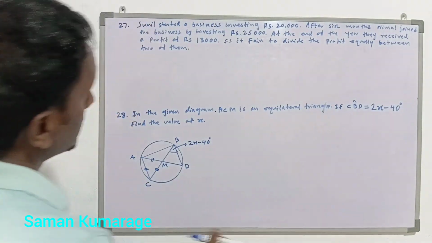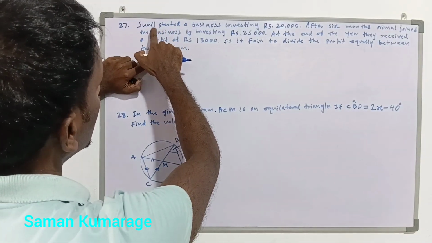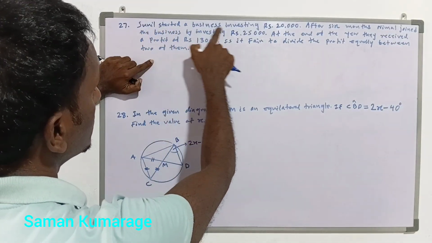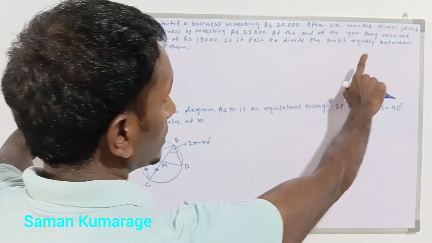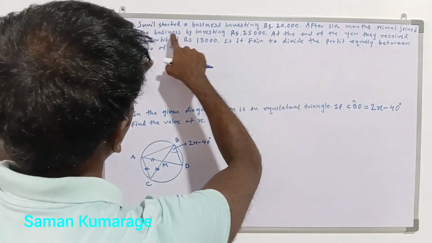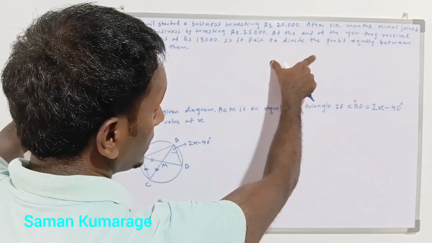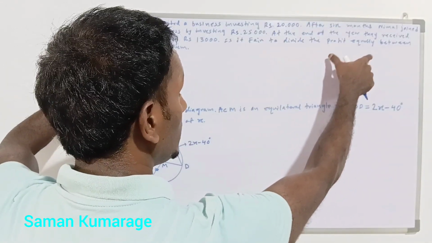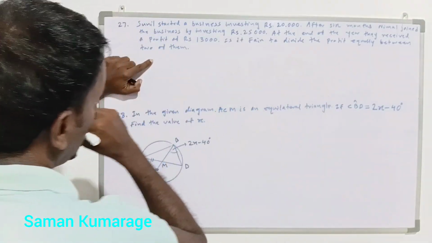Okay, for this let's see. First, Sunil started the business investing 20,000 rupees. This 20,000 rupees invested by Sunil has remained in the business for 12 months, for the whole year.